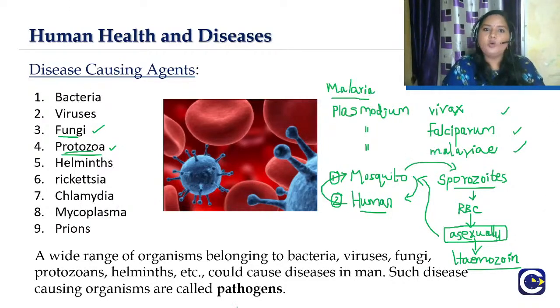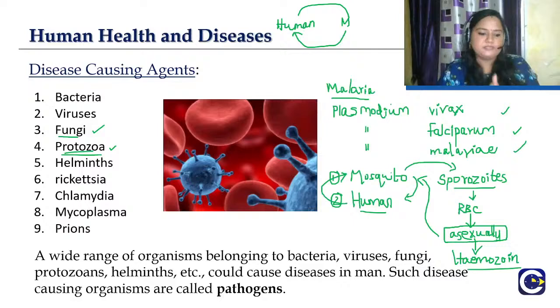So likewise, it is going in a life cycle. In human, it is reproducing asexually, and this one enters into mosquito. In mosquito, it reproduces sexually, so that it produces viable Plasmodium again. So it starts infecting another human wherever the mosquito goes and bites. This is how malarial infection happens.